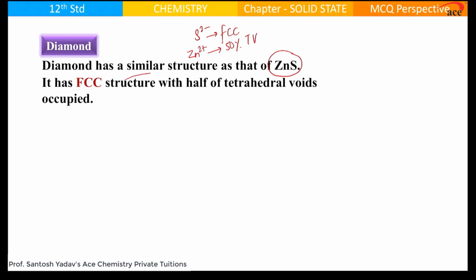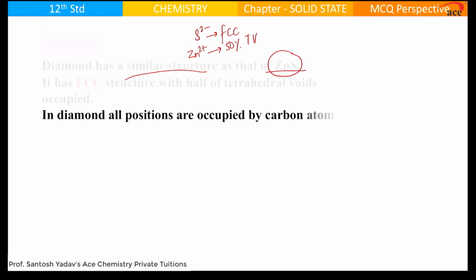Diamond is very similar to zinc sulfide, everything the same. The only difference is that all the positions are occupied by carbon atoms. So, whether you say sulfide or zinc, all the positions are occupied by carbon. That means you have to imagine carbon in the place of sulfide.